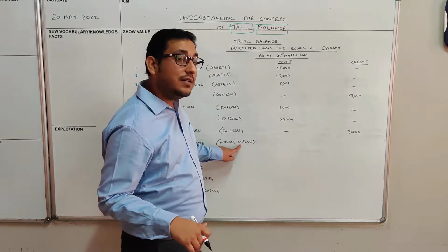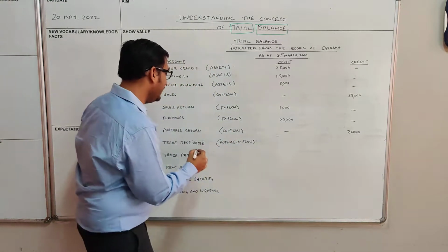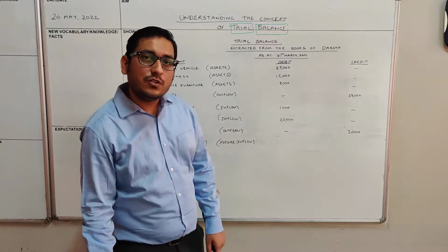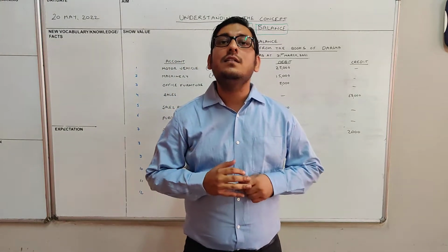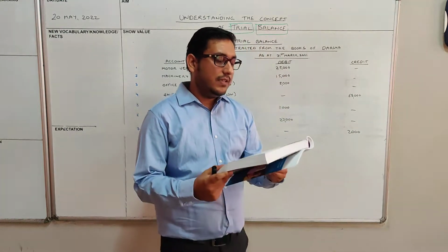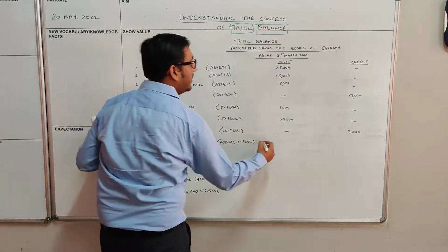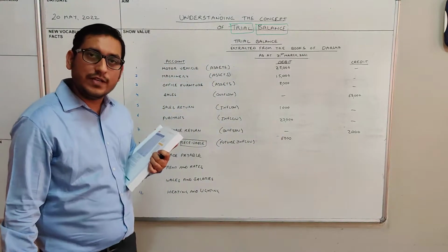If it had come, it would come under inflow, but as a future inflow, it is called a receivable. Are you getting my point or not? So trade receivable will always have a debit balance. What is the amount of trade receivable? Trade receivable is 6,400. So we will write 6,400 under the debit side. Are you getting my point or not?